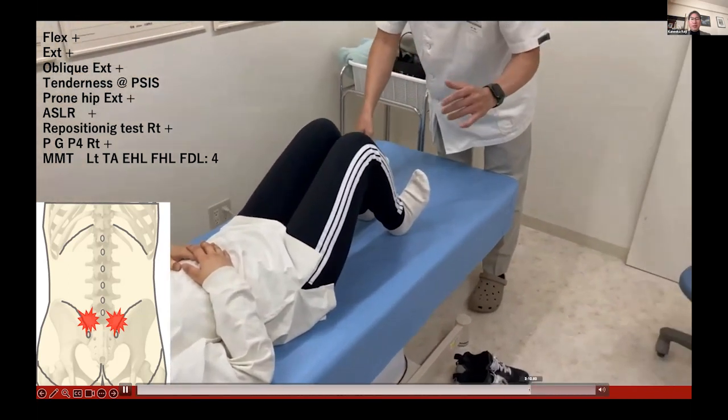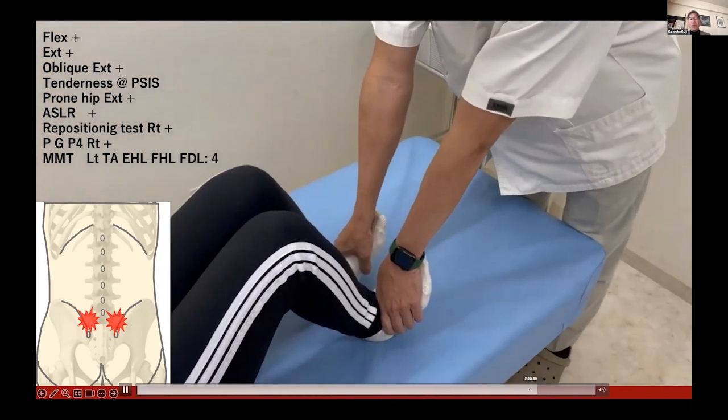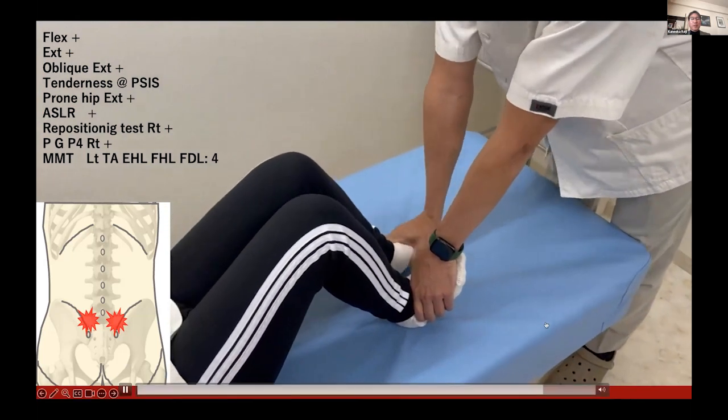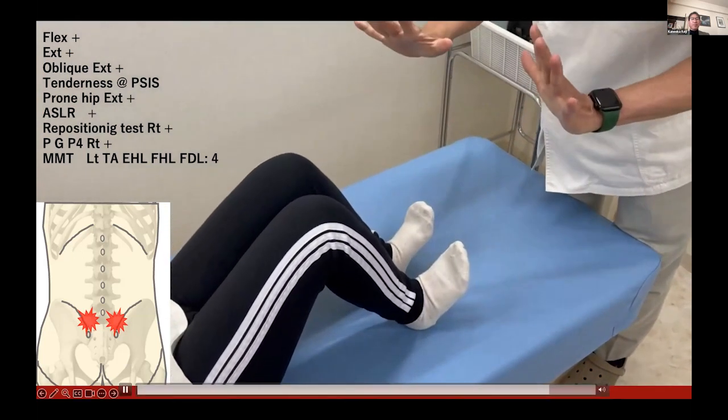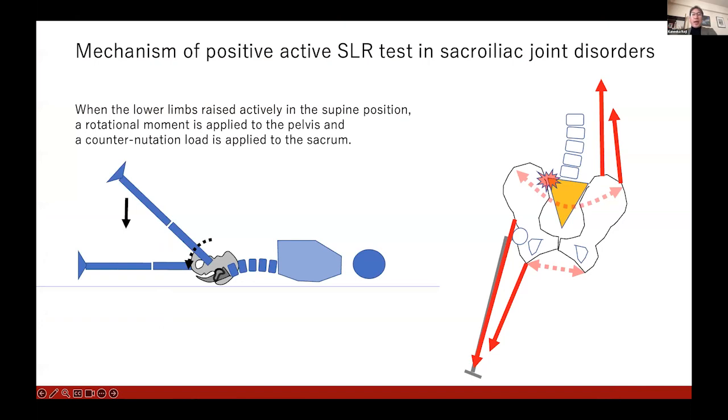And the muscle strength evaluation showed weakness in the left lower extremity. If there is instability in the pelvic ring and SIJP, SIJ is likely to be loaded when elevating the lower extremities, causing pain and a sense of difficulty.